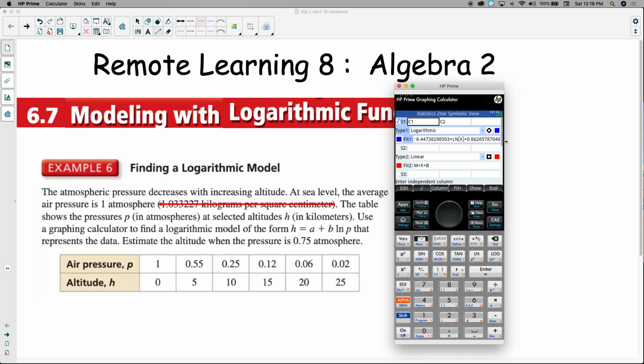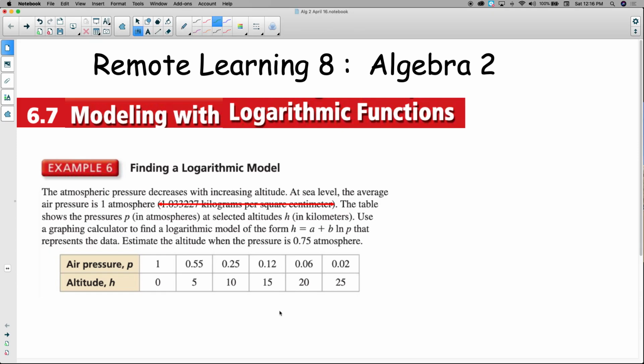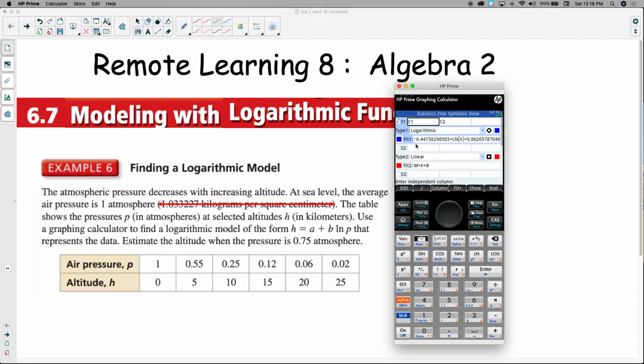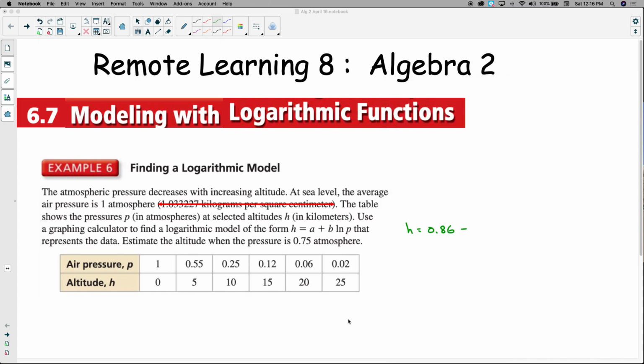So 0.86 minus, and that number is 6.45, and then that's times the natural log of the input, which is the air pressure. Okay, so let's see. That's working on the HP.